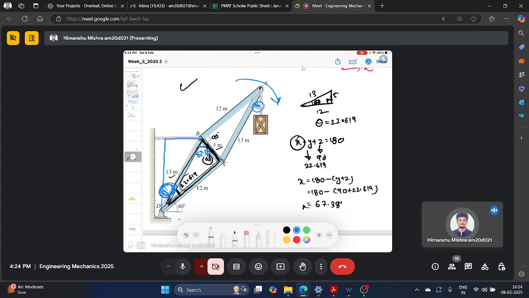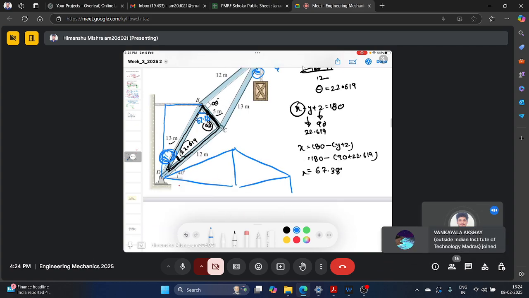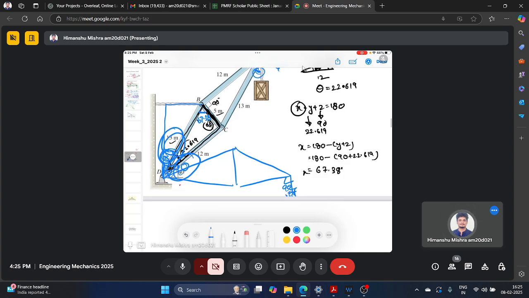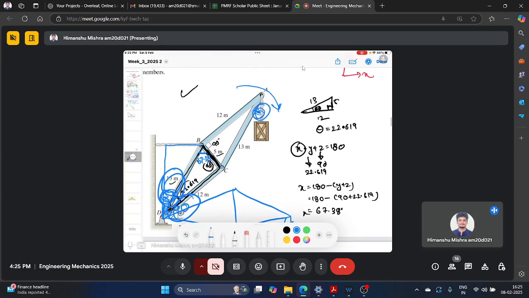If it is rotated by 90 degrees, this also becomes 90. So this angle here is equivalent to this angle. So let's find this angle here, I mean angle DB, and let's say this is E. Let's find angle DBE.